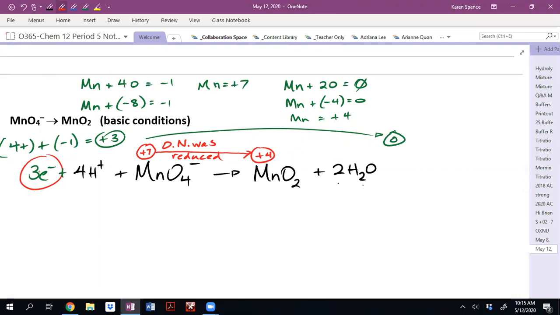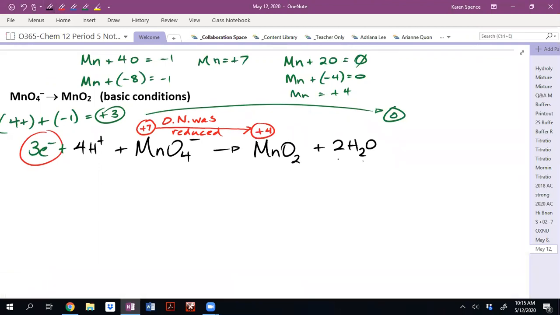Okay, now where did we get to? We were going to make this basic, right? So to balance in acidic, you can do it all in one line. To make it basic, what are we going to add in here? OH, yes. How many OHs do we need to add?